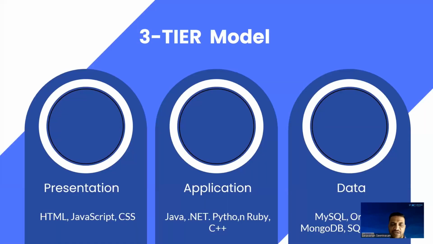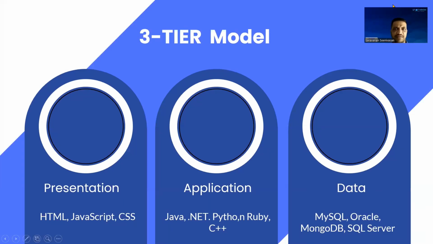Any application that we handle today works in a three-tier model. The three tiers are the presentation layer, which is the top one, the application layer, which is the middle one, and the data layer. The data layer helps you define the data, what kind of database or data server you want to use.